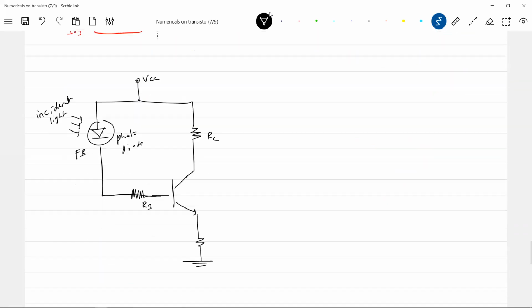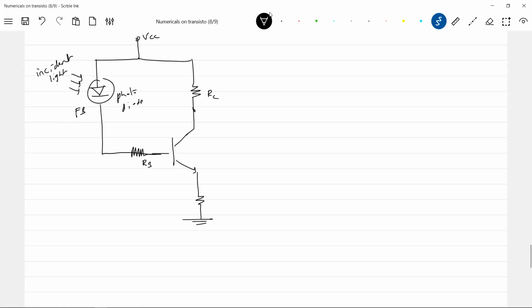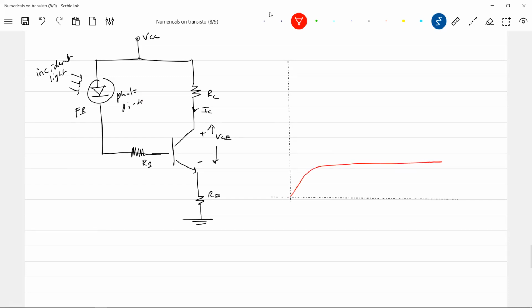What will happen to this IC versus VC graph? As you increase the intensity of light, the response of the curve will not change. Any reason for that? The photodiode is forward biased.